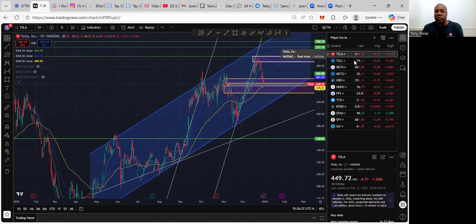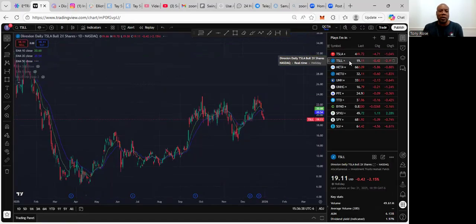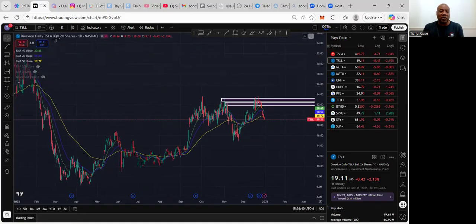So I'm actually trading shares of Tesla in leveraged shares, which is this TSLL. And it tells you right here that it's Direxion Daily TSLL Bull 2X shares, so they give you 2x, and it's just a lot less expensive, right?